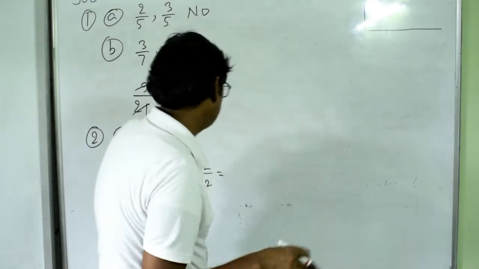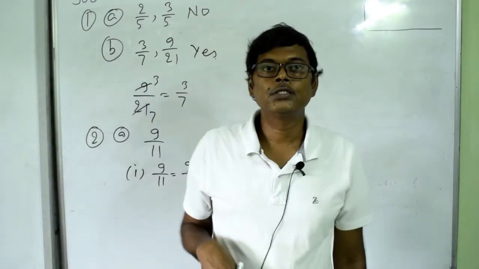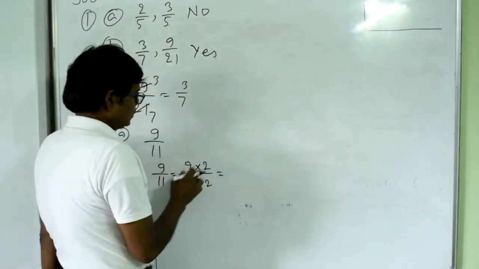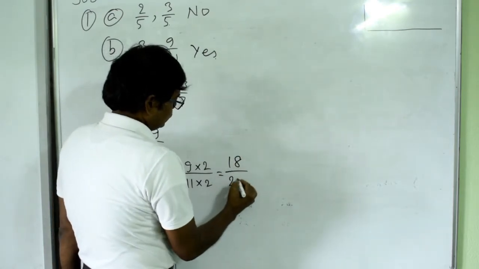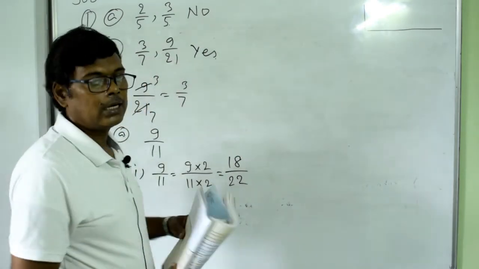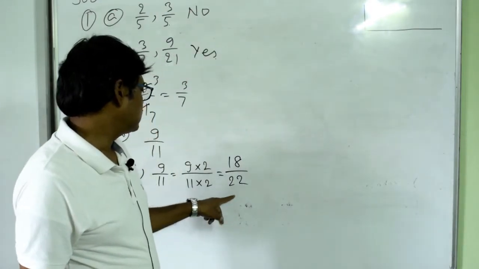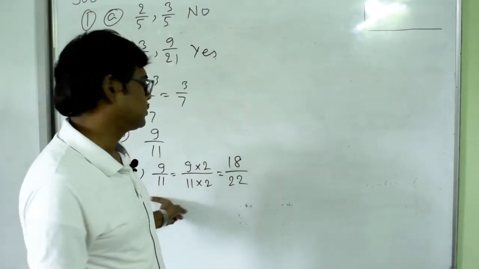They are infinite in number, because you get more and more equivalent fractions just by multiplying by different numbers. Like here, when you multiply by 2, it will be 18 by 22. And as I explained, if you do this, it does not change the fraction.